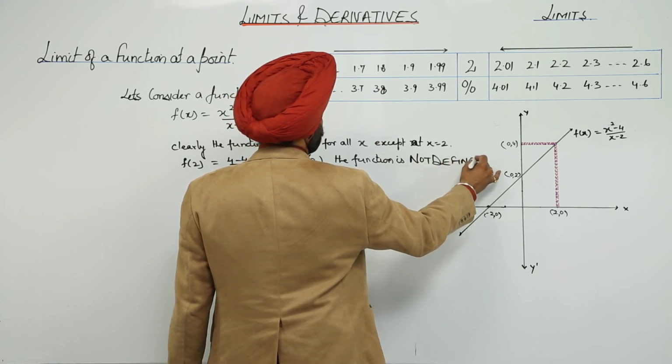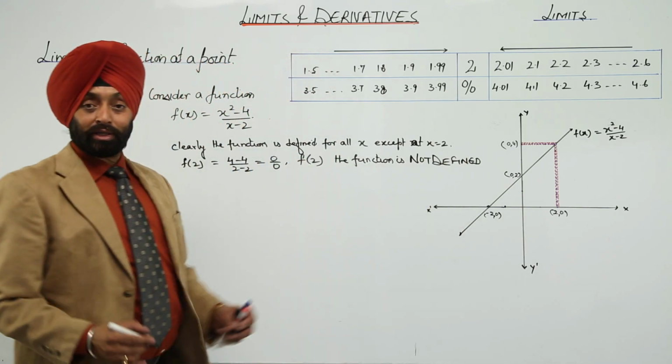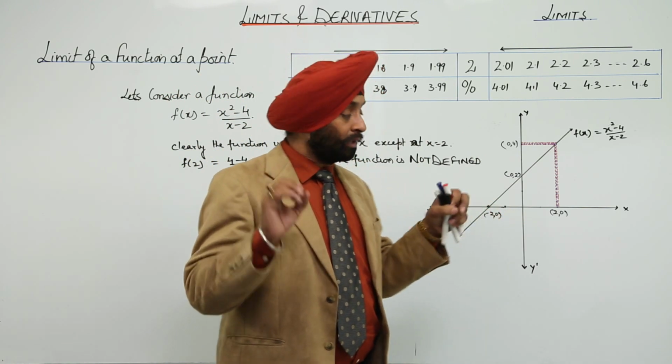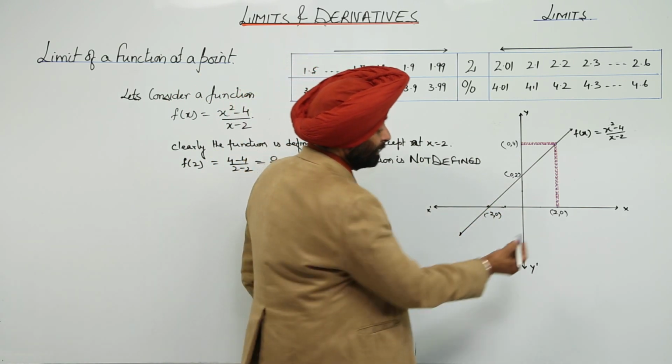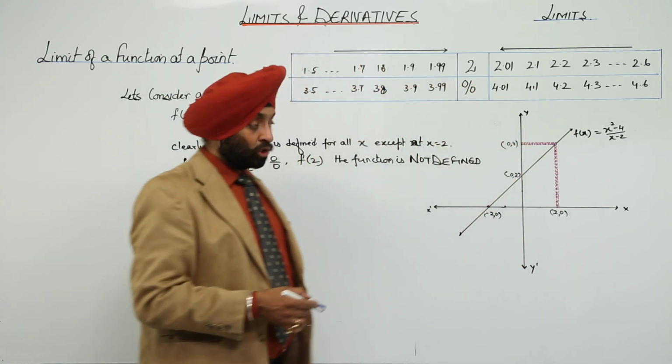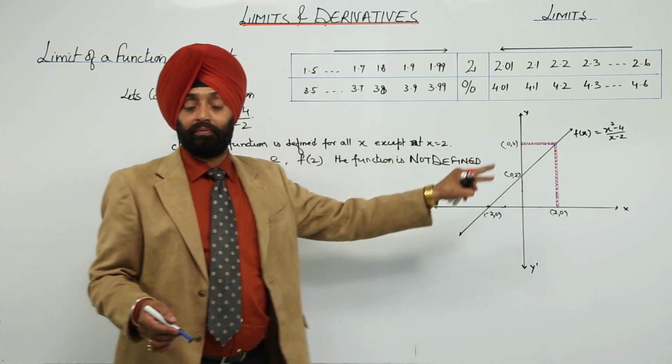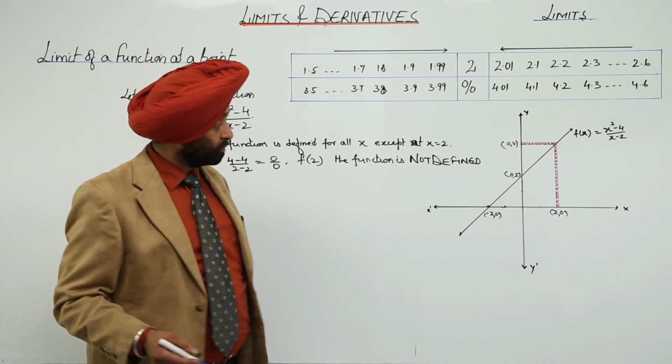Is it clear? Now just look at the graph I have drawn. If you watch carefully, this is a straight line for the function f(x) is equal to x square minus 4 upon x minus 2.